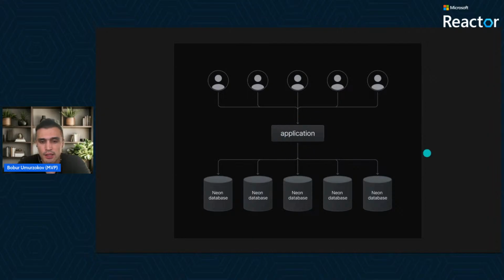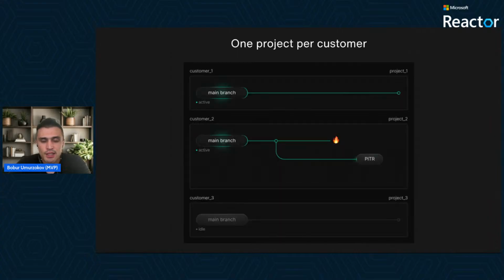Like you can always have one application layer. So, how can we achieve this using a modern Postgres solution? In my case, I'm introducing Neon here. As you can see in the slide, Neon introduces a completely new approach for Postgres, especially for SaaS use cases.